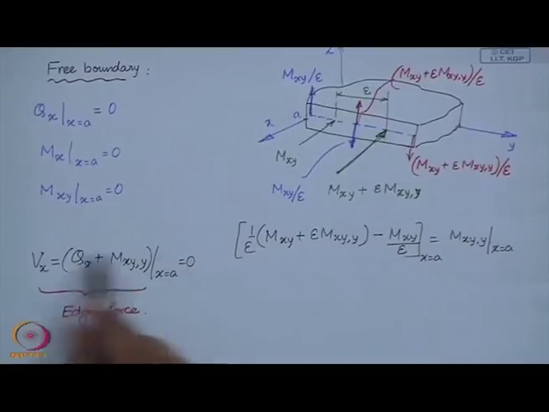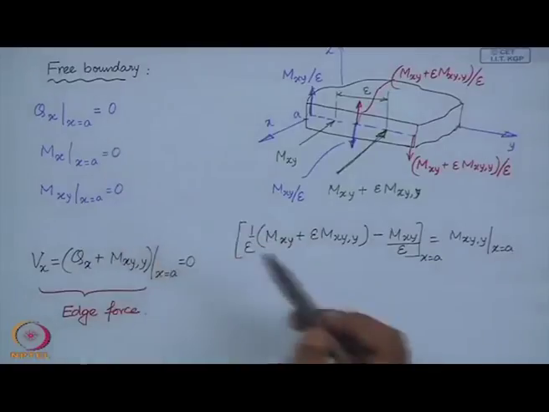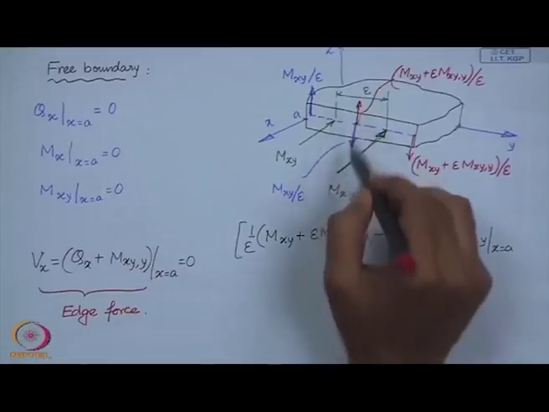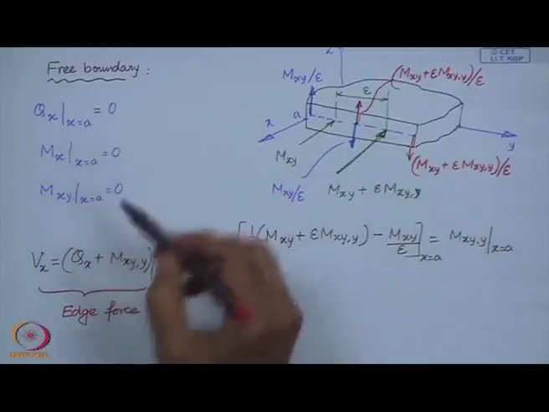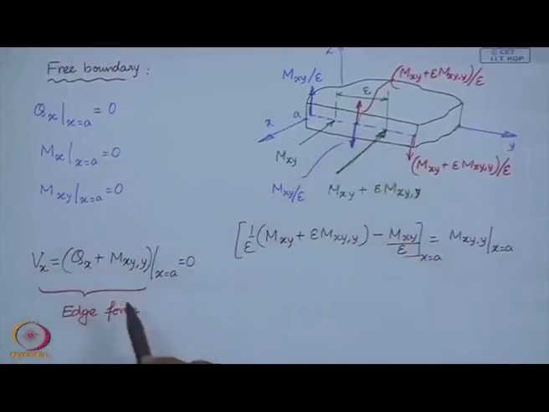This is known as the edge force, so this edge force must vanish. It is a combination of the force because of the out of plane shear stress and the moment because of in plane shear stress. So, these two combine to give us what is known as the edge force.